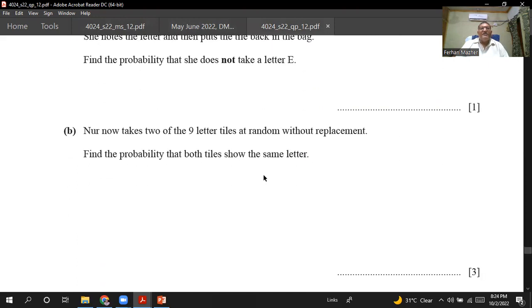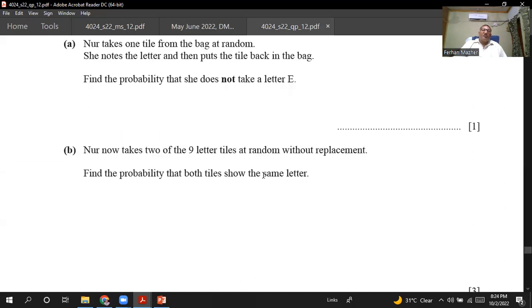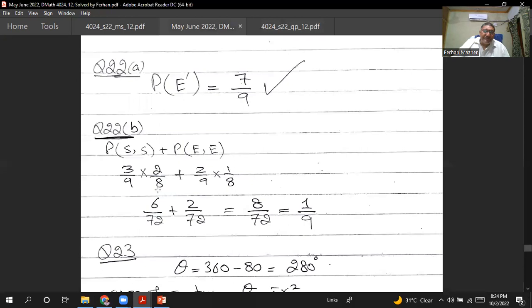Okay. Then in the B part, they say Noor now takes 2 of the 9 letter tiles at random without replacement. Find the probability that both tiles show the same letter. So what are the possibilities? She can pick S and S, and she might pick E and E. The probability of S, S will be 3 by 9 multiplied by 2 by 8, and the probability of getting E, E will be 2 by 9 multiplied by 1 by 8.